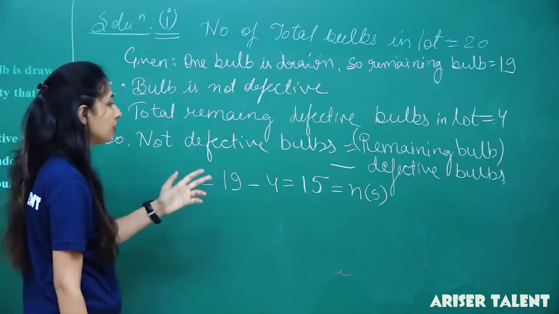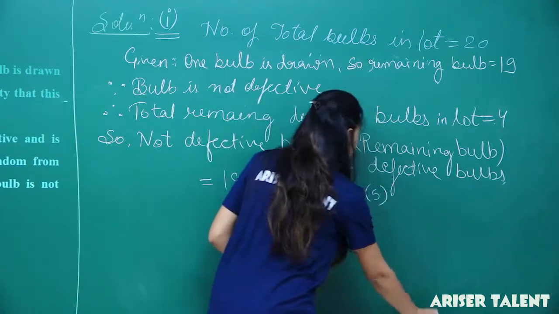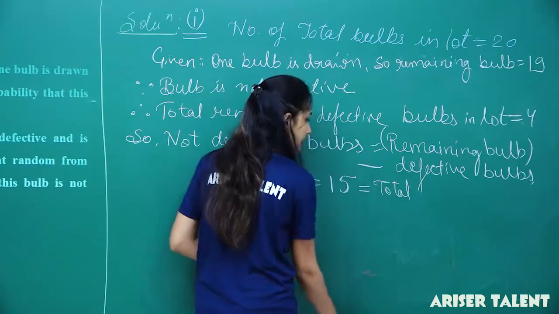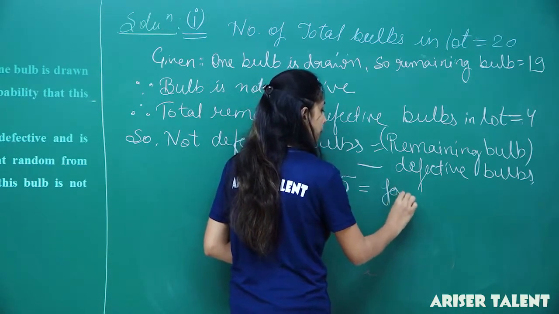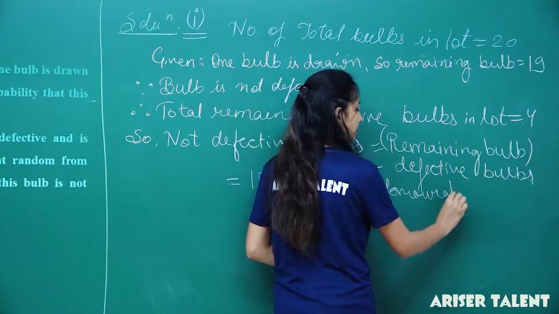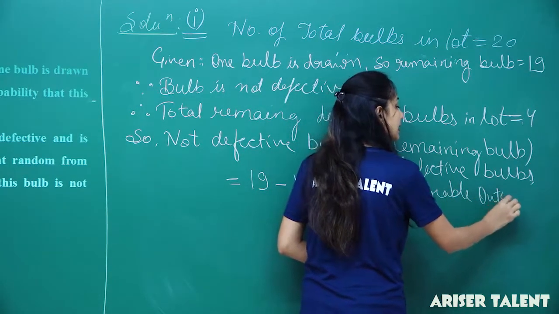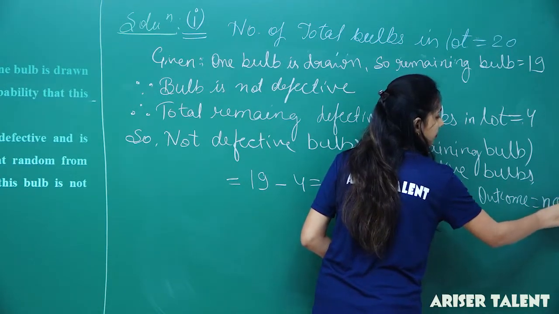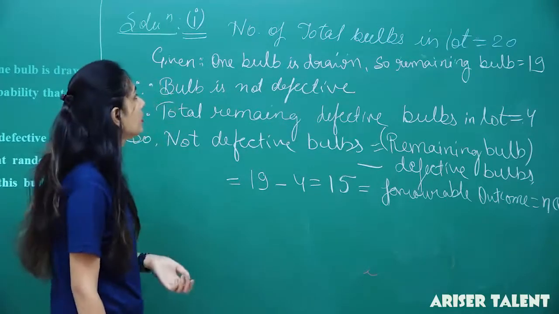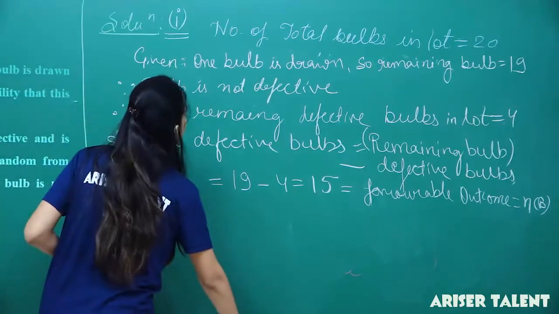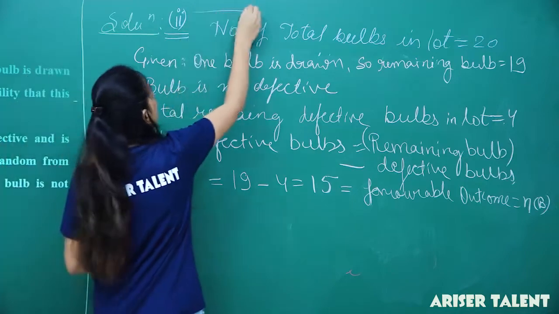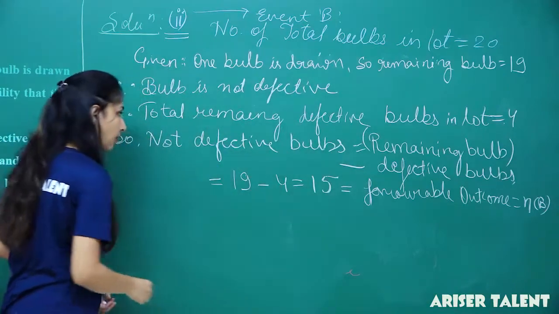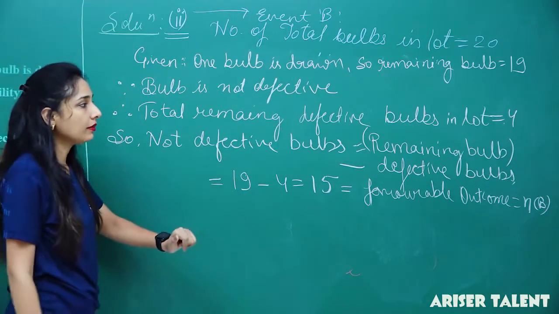And the total favorable outcome, you can write it as favorable outcome in the case number second, and now you can call it NB. If this event is B, mark the second also. Event B we are assuming. So this is favorable outcome NB.